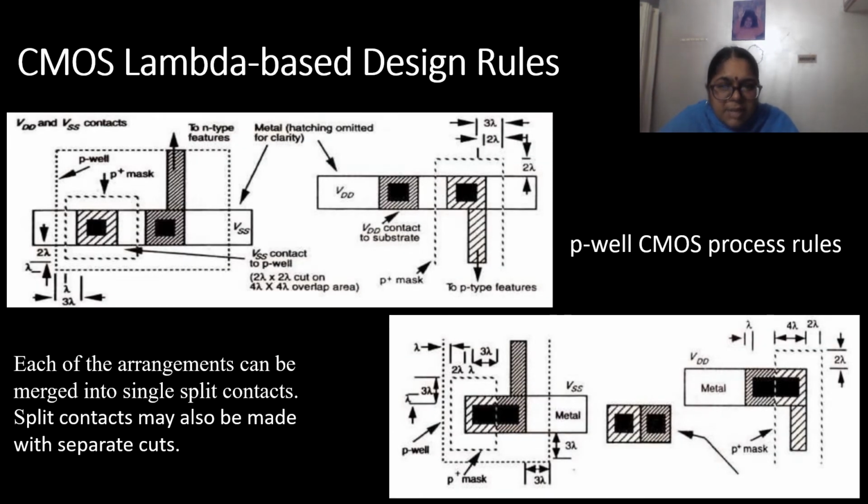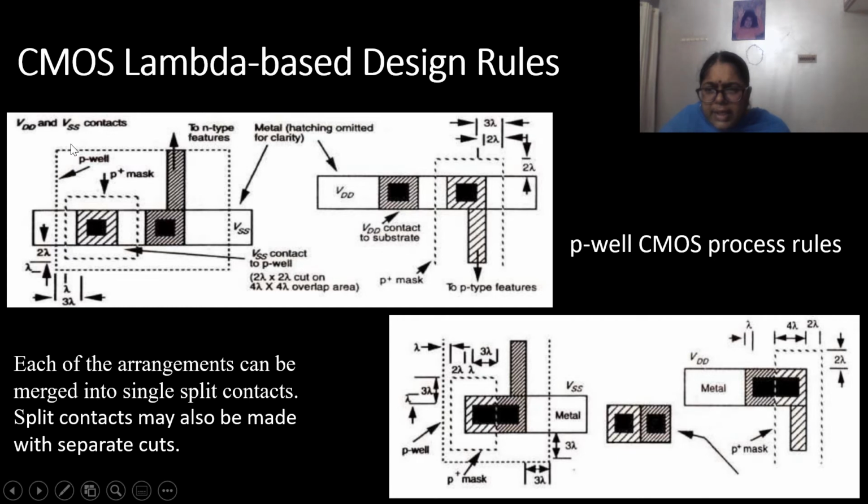Similarly, CMOS lambda based design rules. This shows the design rules for the P-well process. You have the P-well, and PMOS transistor is placed in the P plus mask. Now you can see that the P plus mask should extend by a minimum spacing of 2 lambda.